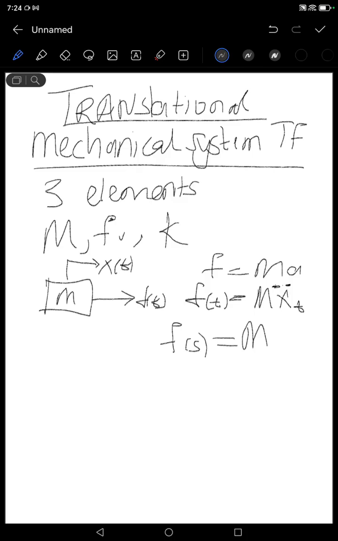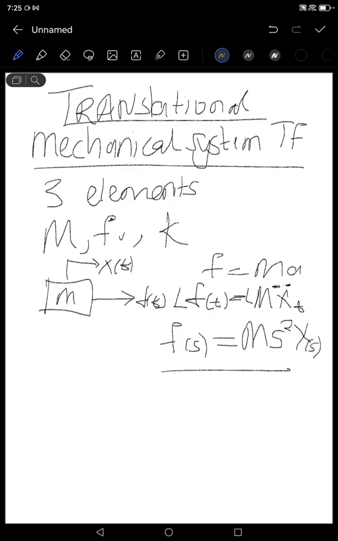The acceleration we can write like this when we introduce Laplace on both sides. So we're going to have m s squared, big letter X of s. This is how we write it when we introduce Laplace on both sides of our linear equation. So Laplace of f of t is F of s, and Laplace of m x double dot is m s squared multiplied by X of s.